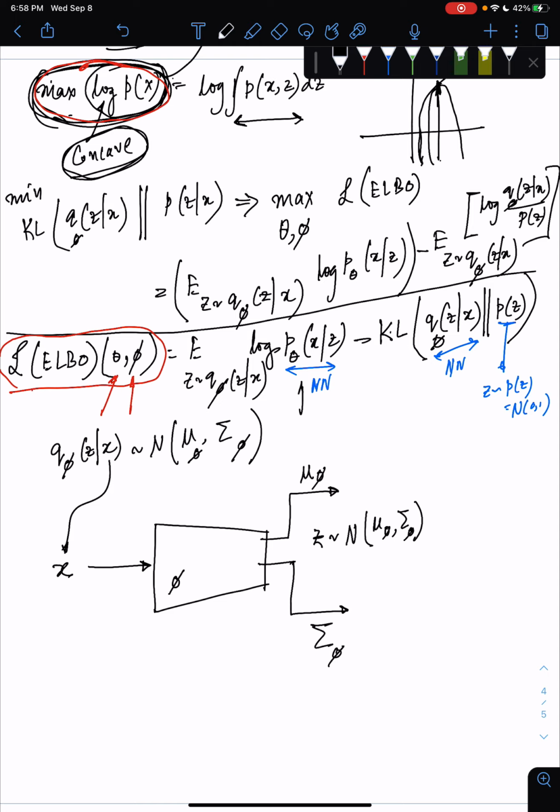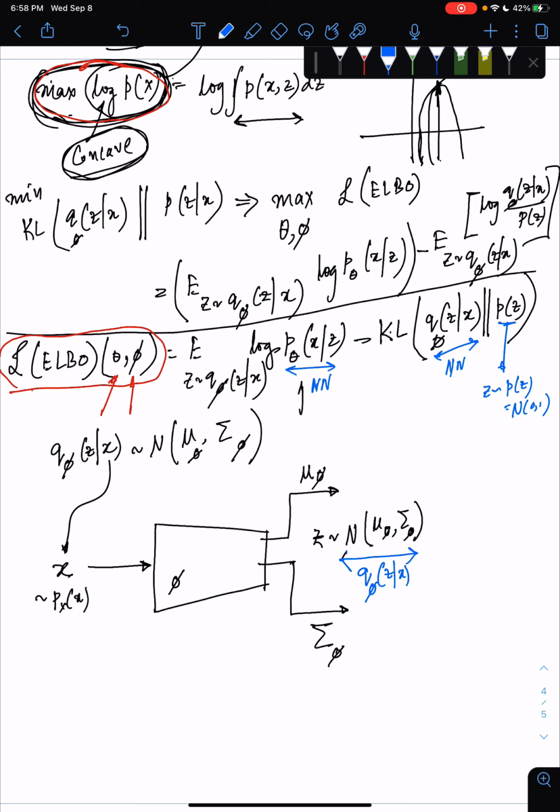The important thing is that we feed my data points x, my actual data distribution or training data, into a bunch of networks, and that network will output two things: the mu and the sigma, the mean and the covariance matrix of a multivariate Gaussian distribution. And from that Gaussian distribution I'm sampling. So this guy is nothing but this guy.